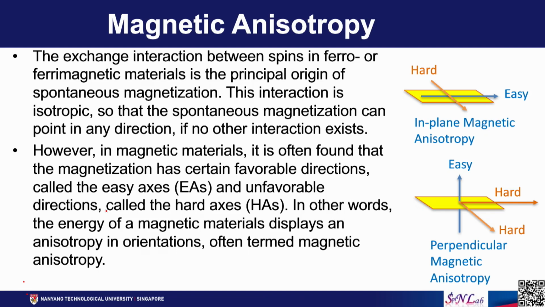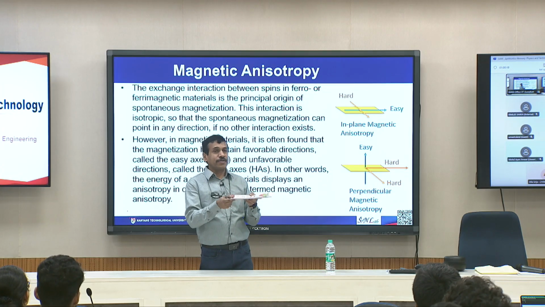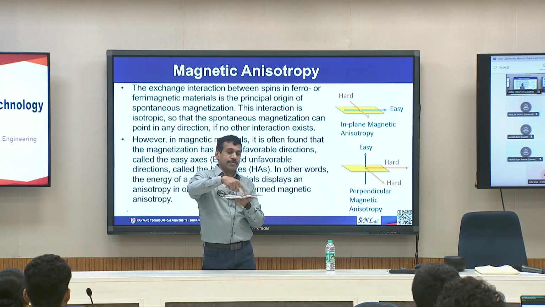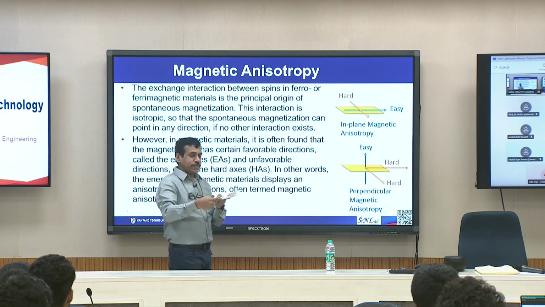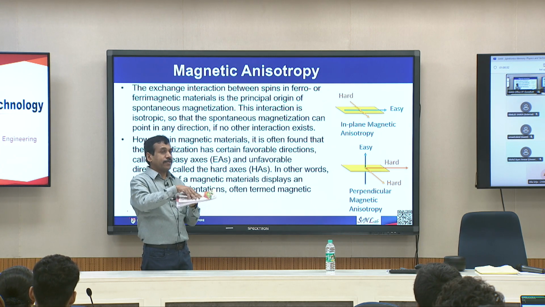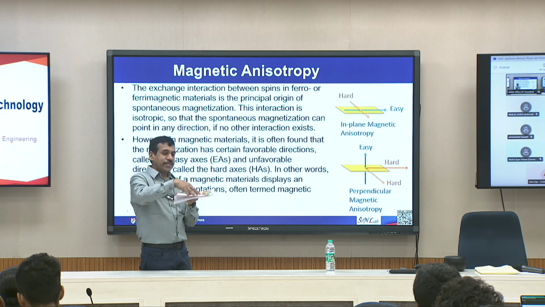Let us take a few cases. Let us say this is a piece of magnetic material you have. If I measure the hysteresis loop along this direction, or I measure the hysteresis loop along the other direction, and the hysteresis loop is different in the two directions, we can say that this material has anisotropy within this plane itself.